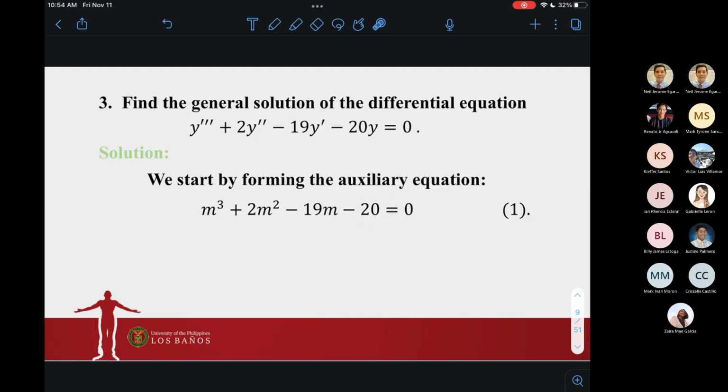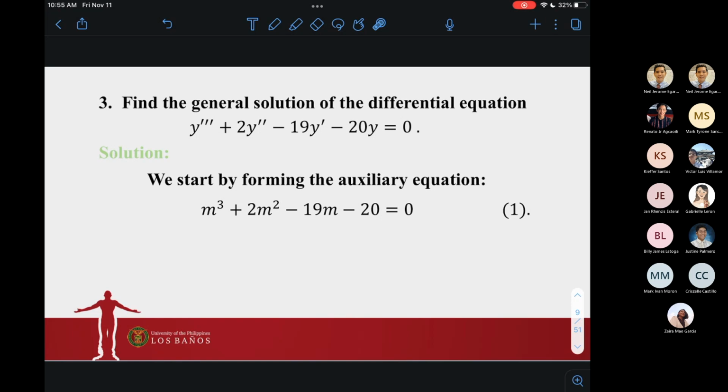Right? So the candidates for rational roots, if there are any, you take the divisors of this divided by the divisors of the leading coefficient. This will work for any polynomial of any degree. So this is what we look for first. But the drawback there is that we are not sure whether our polynomial has a rational root.